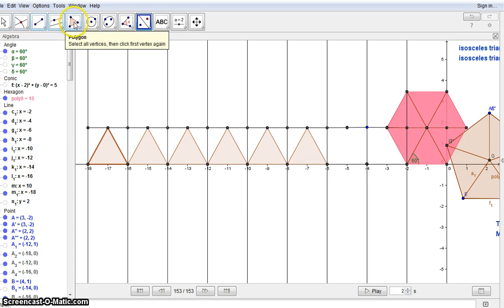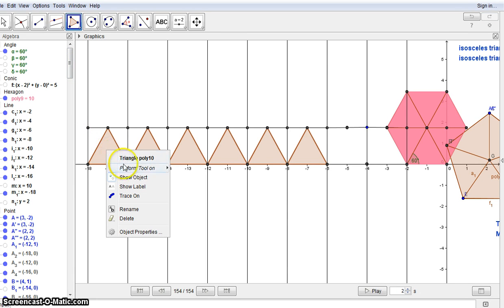I wonder if I can make a polygon around this funky figure. I feel like I can. Yeah, okay. So where's that polygon? Let's change the color of it.